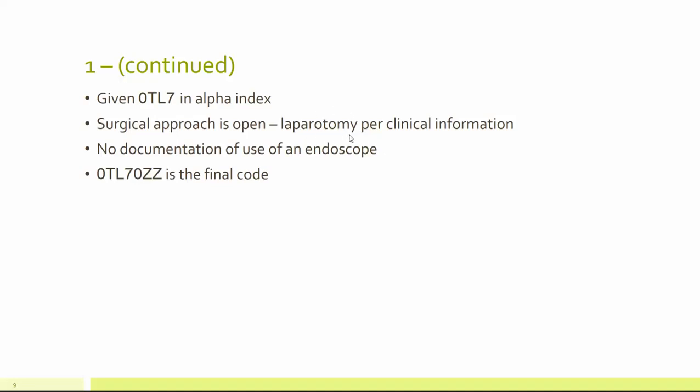So they didn't do this endoscopically. They went in through the patient's abdominal cavity and they made an incision. And there's also no documentation of using an endoscope or a cystoscope. The patient's diaphragm was visualized because they saw the metastases. They wouldn't be able to see someone's diaphragm if they went up through the urethra.